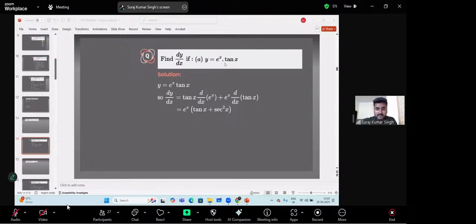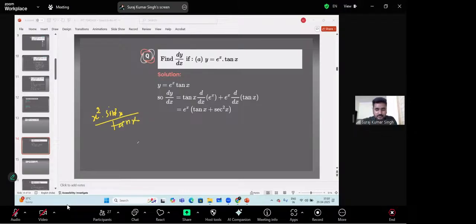E to the power x sec square x plus tan x into e to the power x. Any question, suppose I am writing x square into sin cube x by tan x, and I want to find its derivative.